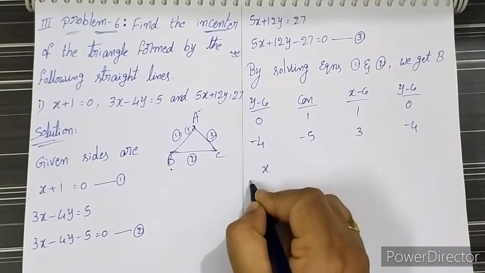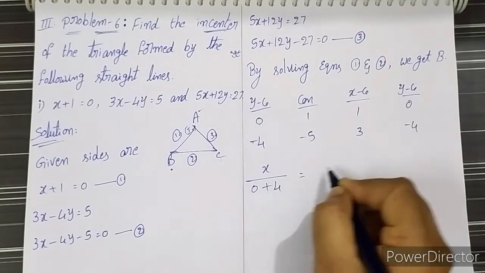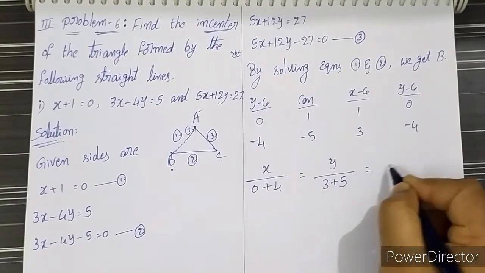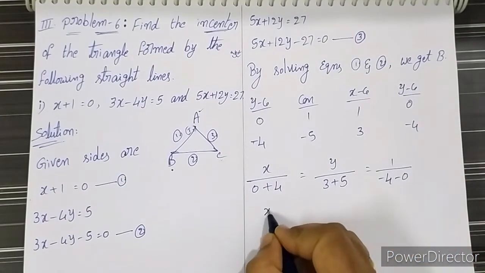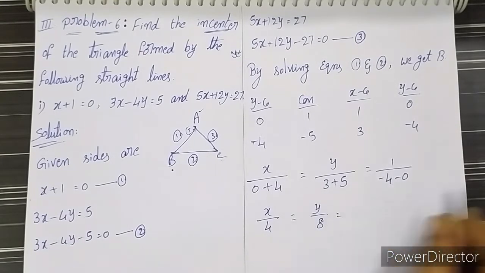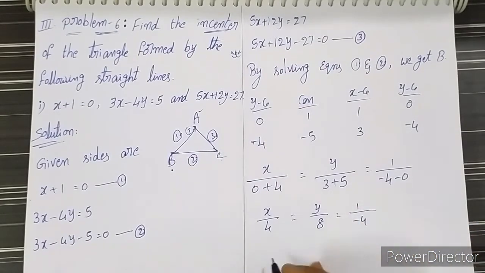The calculation is x by (0 plus 4) equal to y by (3 plus 5) equal to 1 by (minus 4 minus 0). Then x by 4 equal to y by 8 equal to 1 by minus 4.